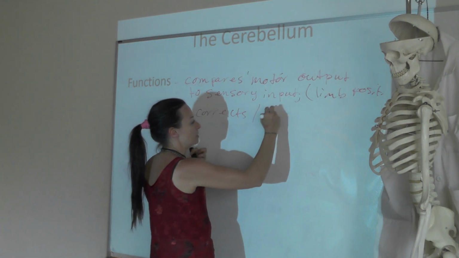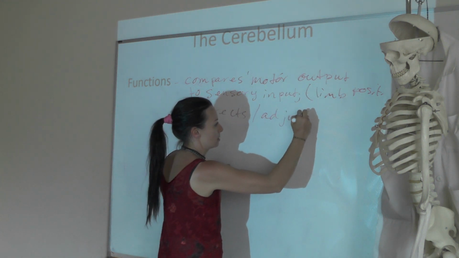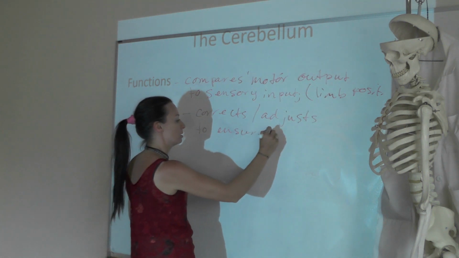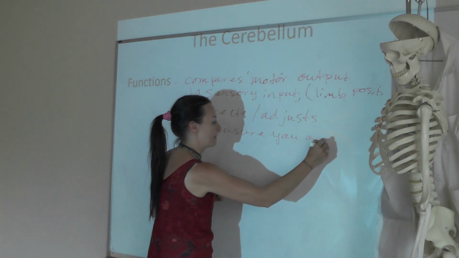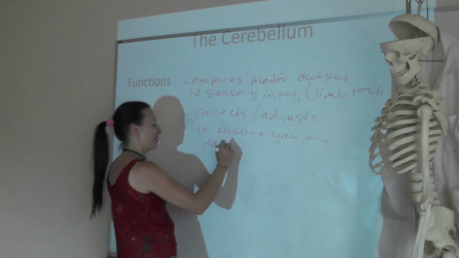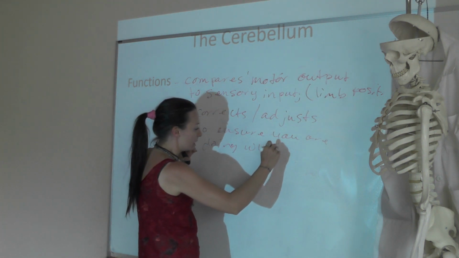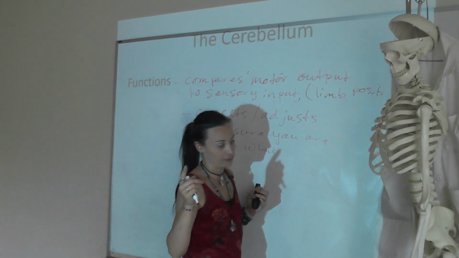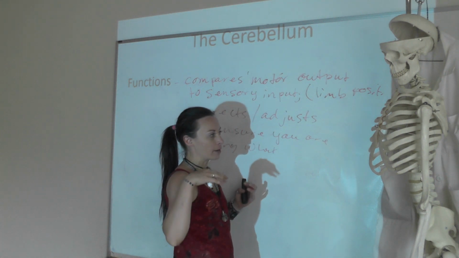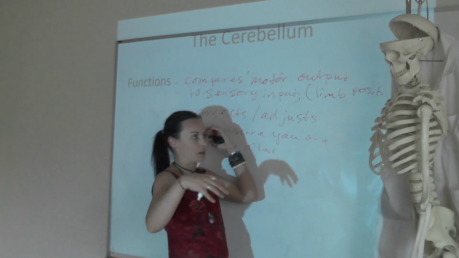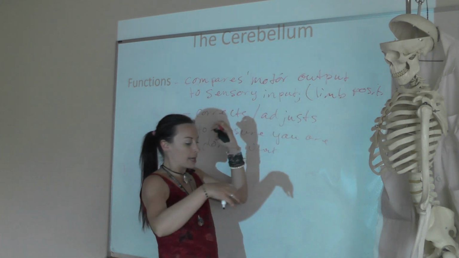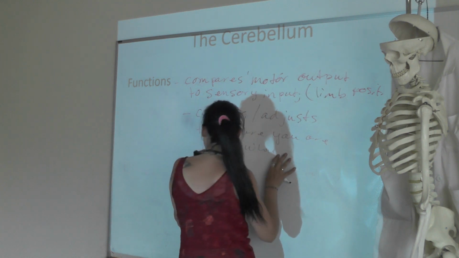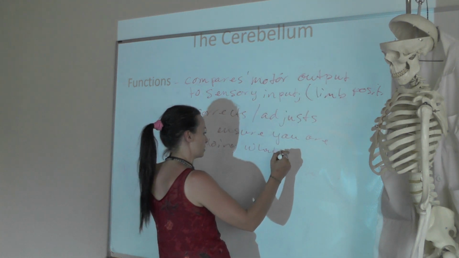We could say it corrects or adjusts to ensure you're doing what you want to be doing. What does that mean? Well, really we can link this very closely to physical stuff. There is a growing body of evidence that the cerebellum is also comparing input to output for emotional stuff. But right now we can say for sure it's happening with physical stuff.